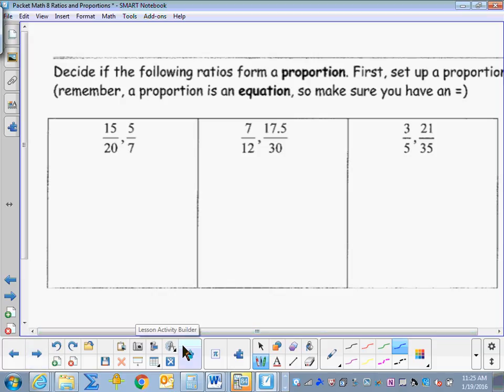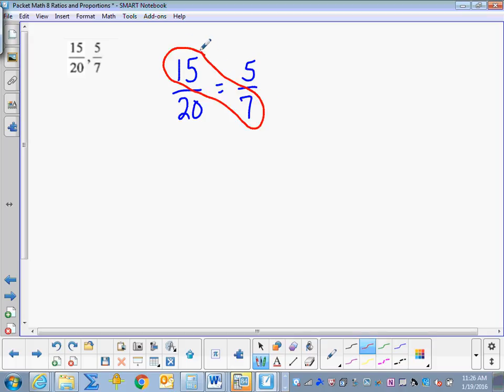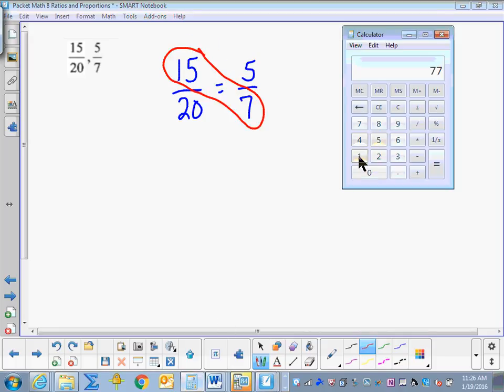Now we're going to decide if the following ratios form a proportion. First, set up a proportion. Remember, a proportion is an equation, so you have to have an equal sign. So here I have 15/20 and 5/7. I'm going to set them up as a proportion, so I'm going to have them equal to each other. So now I'm going to cross multiply. 15 times 7 is 105.